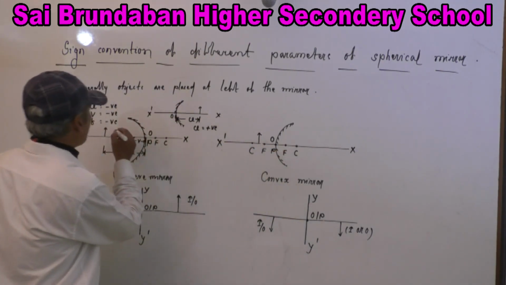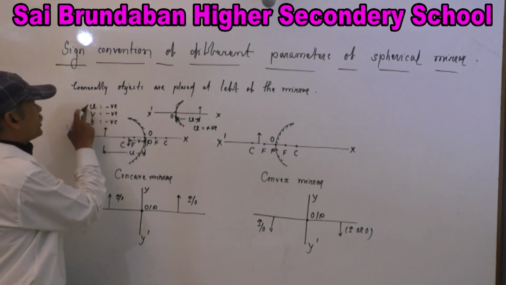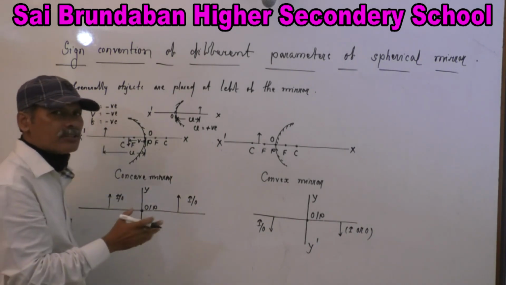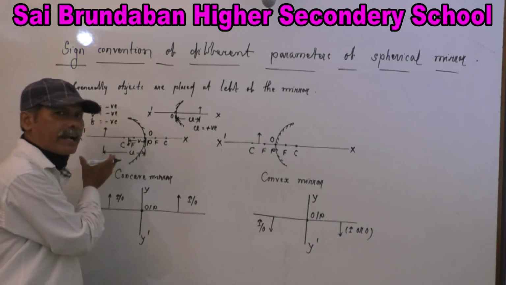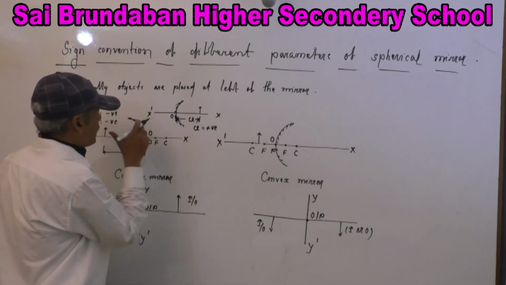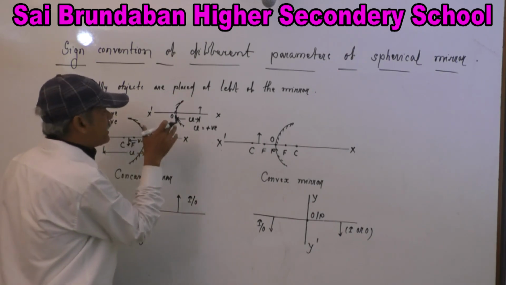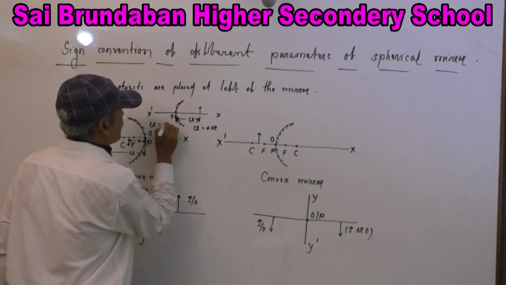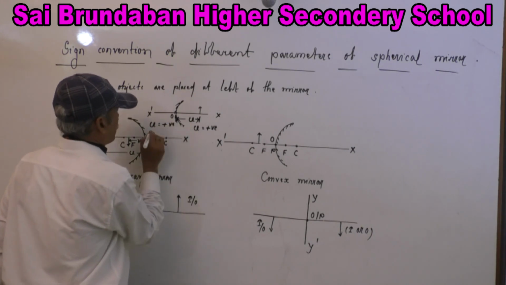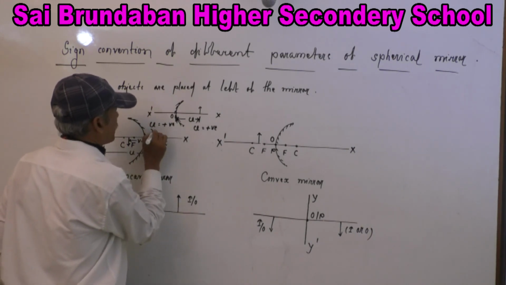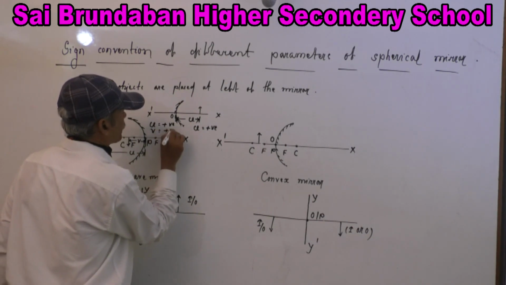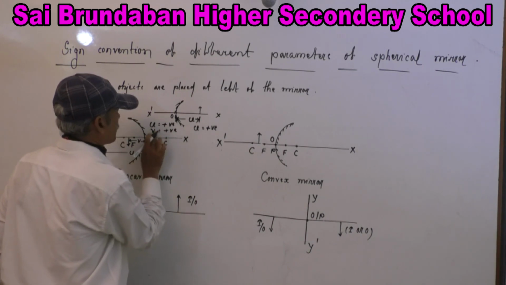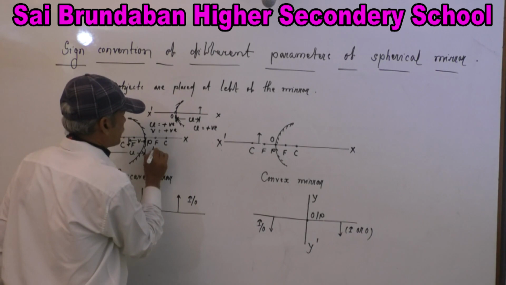So let us come to this picture. U is negative, V is negative, F is negative because all the distances are measured on the negative x-axis. If the same thing we have to measure on the right side, then U is positive, V is positive, F is positive.